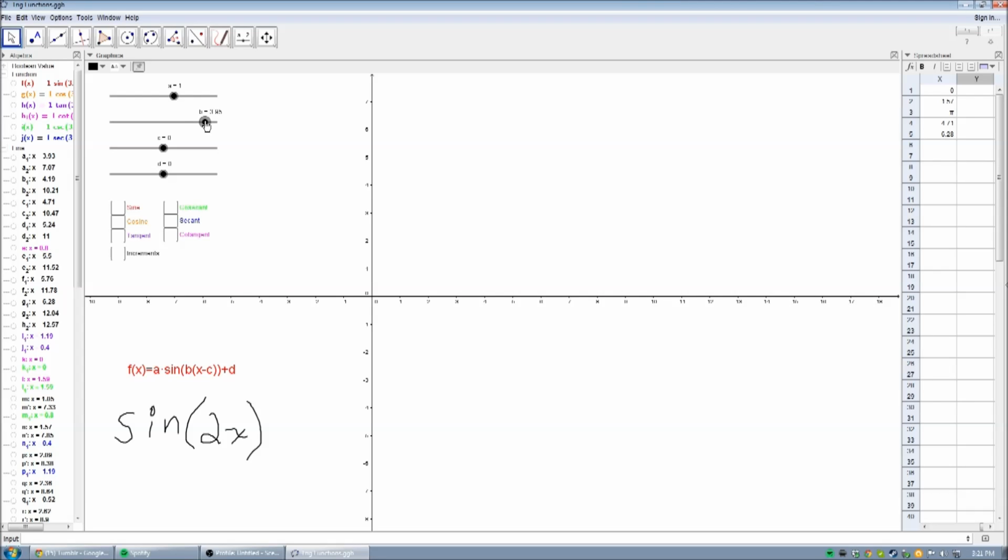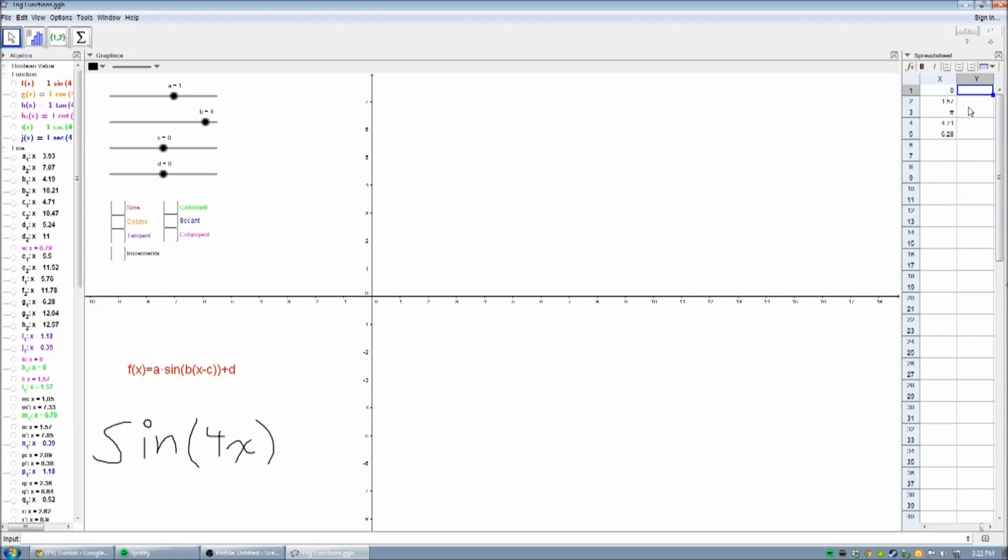Okay, so the sine of 0 times 4. Well, we'll just change our function. We're taking the sine of 4x. And so 0 times 4 is still 0, and the sine of 0 is still 0. Awesome.